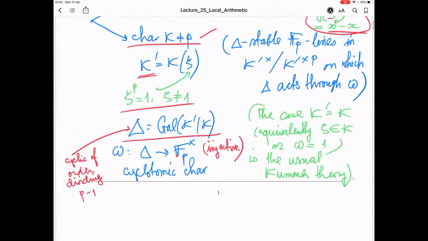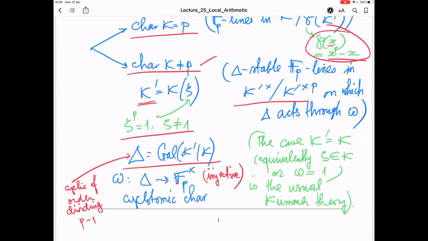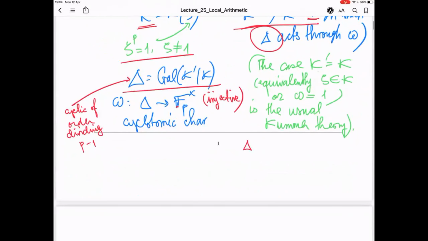So from K, you have to go to K prime, and then you have to look at K prime star modulo K prime star p-th powers. This group, of course, comes with an action of delta. What does delta act on?